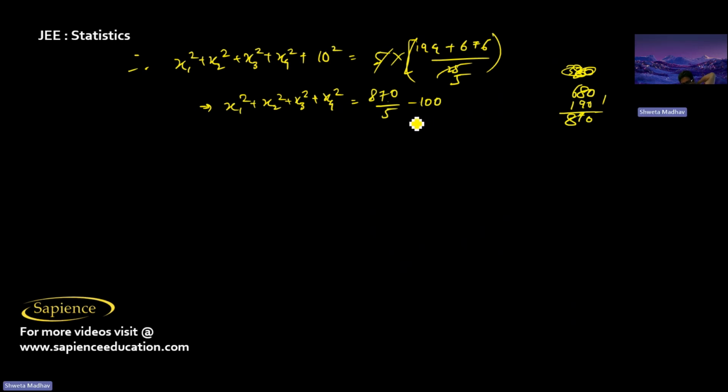So 870 divided by 5 minus 100, so this would be equal to 5 ones are 5, 5 sevens are 35, 5 fours are 20, minus 100. So that is equal to 76.